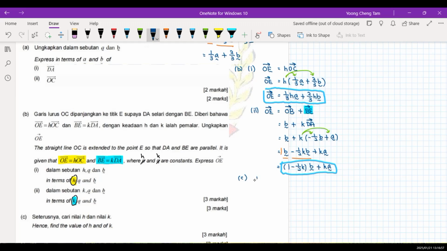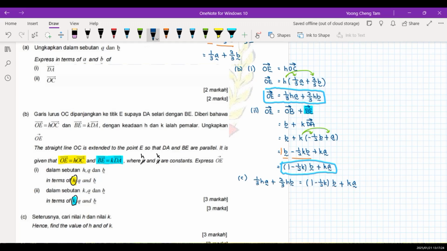So we get 1 over 3 HA plus 2 over 3 HB equal to (1 minus 1 over 2k) B plus K. Because both vectors are the same, you make it an equation.